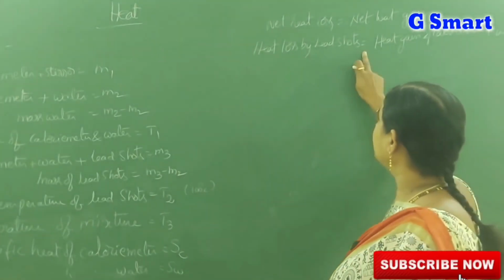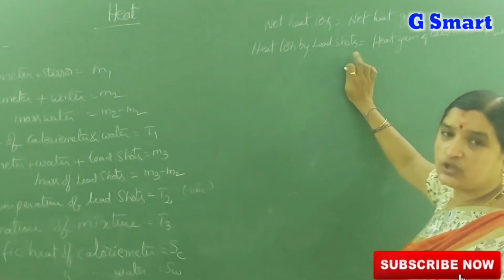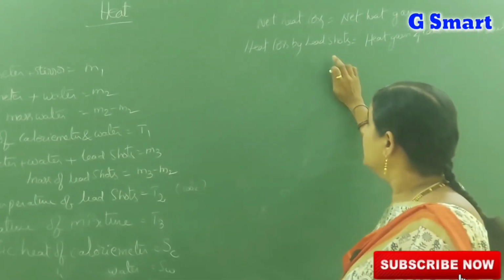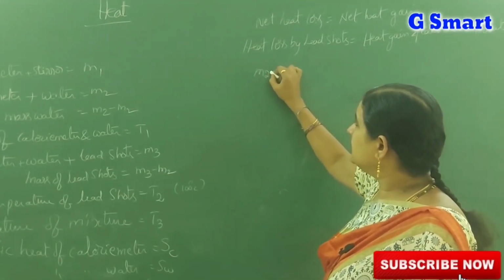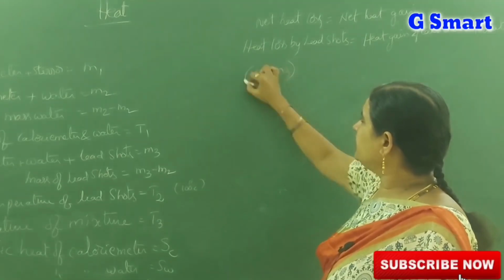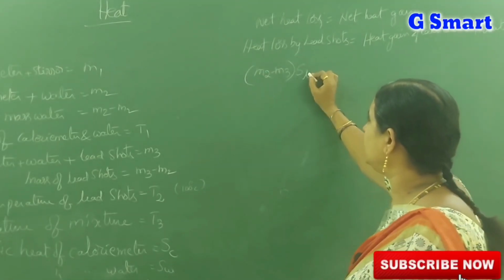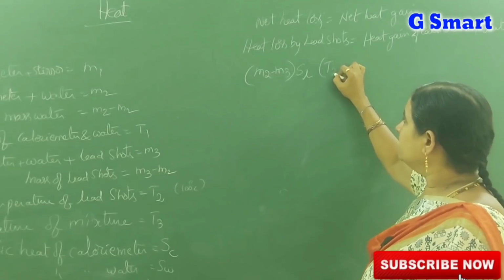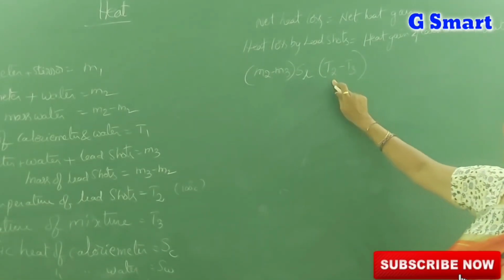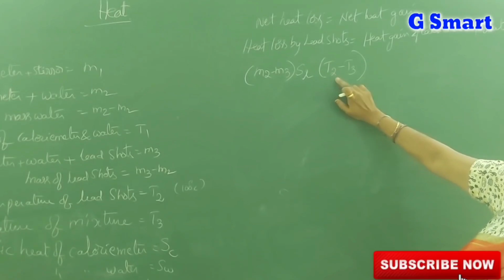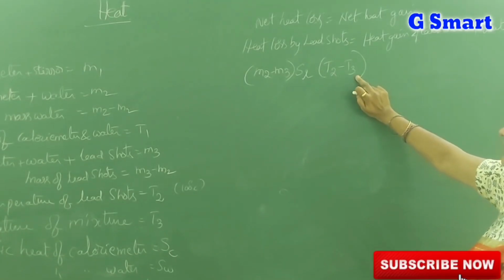Now, heat loss by the lead shot: heat Q is equal to M S delta T. Mass of the lead shot M2 minus M3, specific heat of lead shots SL, into temperature difference T2 minus T3. T2 is the temperature of the lead shots and T3 is the thermal equilibrium temperature.